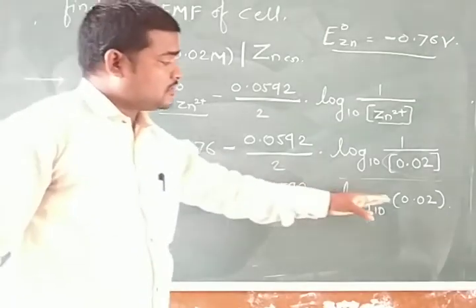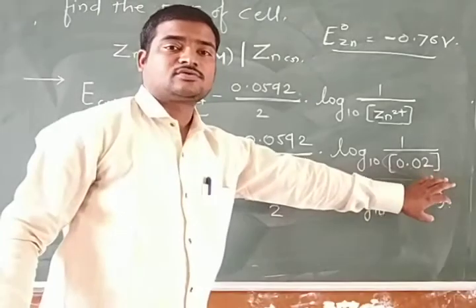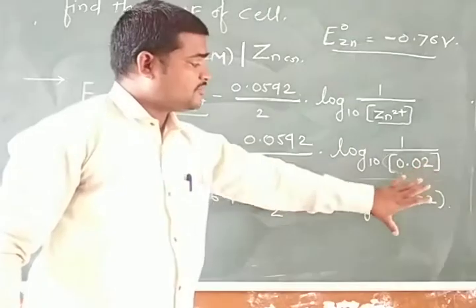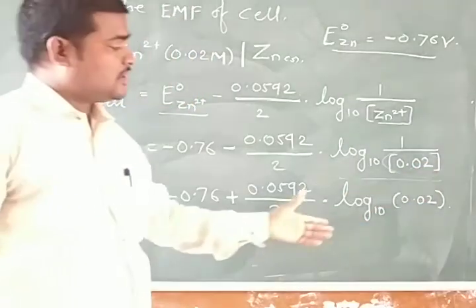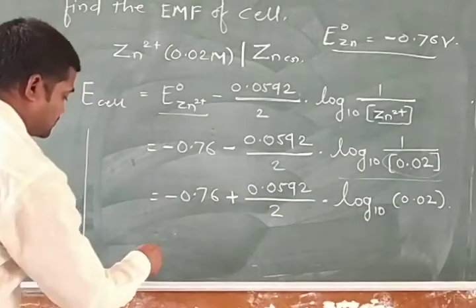And you already know the value of log to the base 10 of 0.02. It's a very simple way; by this simplified way you can solve it, and we just go on substituting its value here.